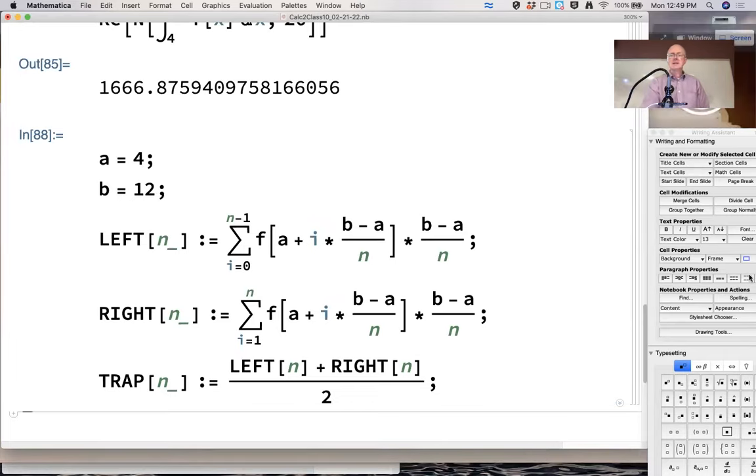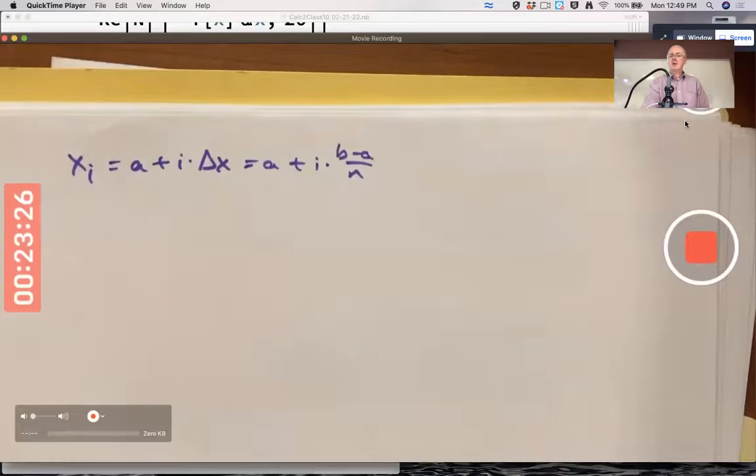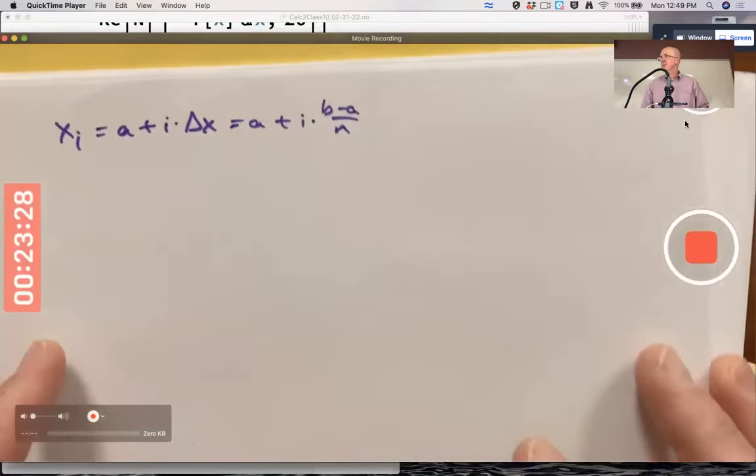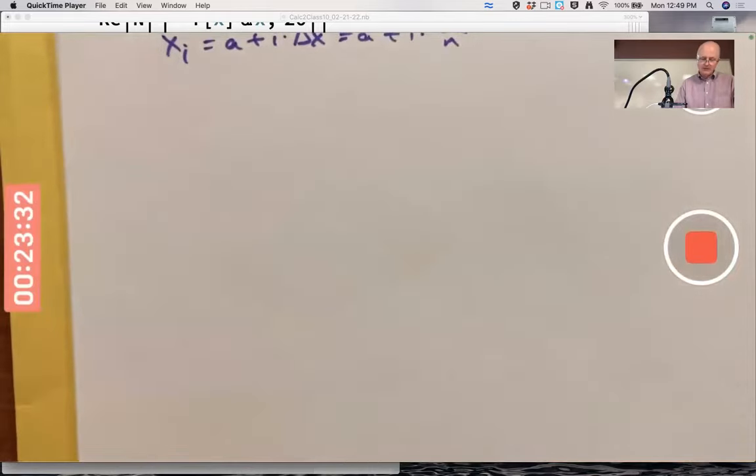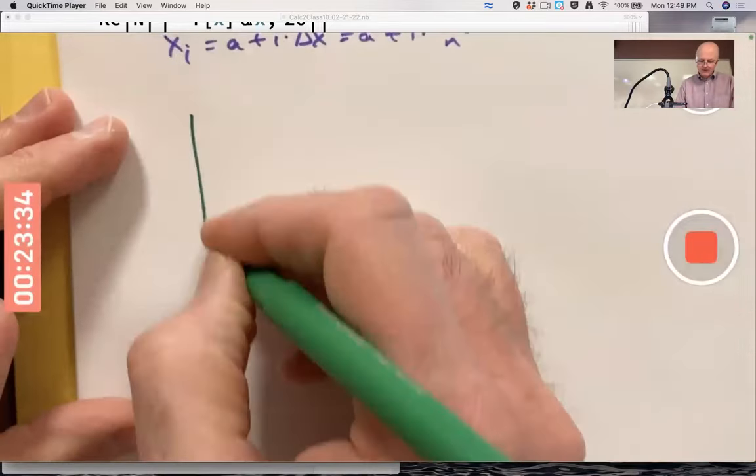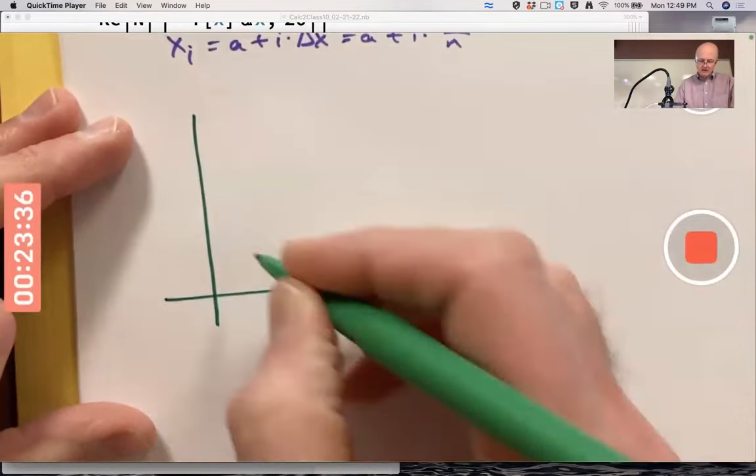Before we use these, let's make a prediction about whether they're going to be too big or too small. So we saw the graph of this function looked like this.